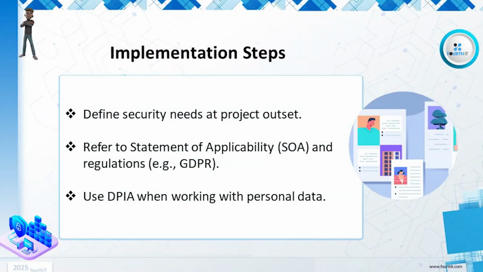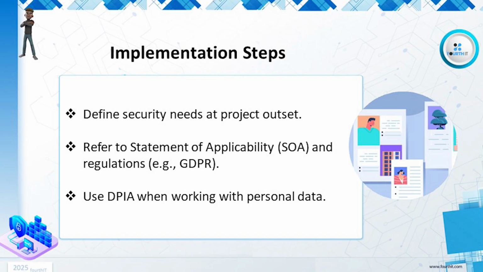In addition to your controls, you need to be able to reference any legal or regulatory requirements. For example, if you are working with personal data, you need to consider data protection regulations such as GDPR. Under GDPR, one requirement you need to perform is what we call the DPIA, that is the Data Protection Impact Assessment. We'll have a video on the Data Protection Impact Assessment where you can have a look at that also.